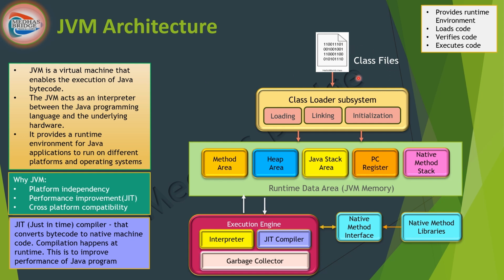Java bytecode is like class code, class files. So in JVM we have a class loader subsystem. What this class loader does is take all the bytecode and load the code into memory. In JVM, that memory is called the runtime data area.